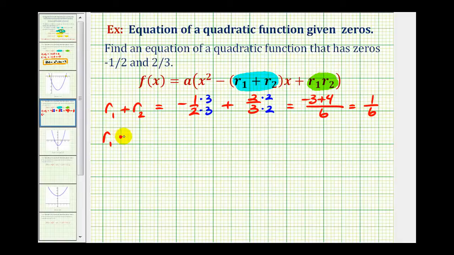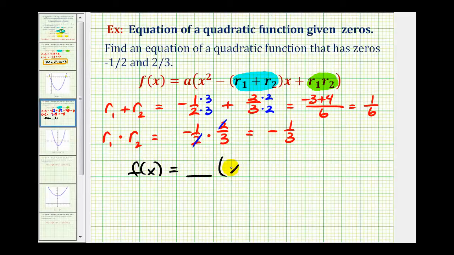Now we'll find the product. So we'll have -1/2 times 2/3. Notice how here we have a 2/2 that simplifies to a 1. So our product is -1/3. Now notice how we are going to have fractional coefficients unless we select an appropriate value for a. So when we set this up, we'll have f of x equal, we'll come back to our constant, times x squared.